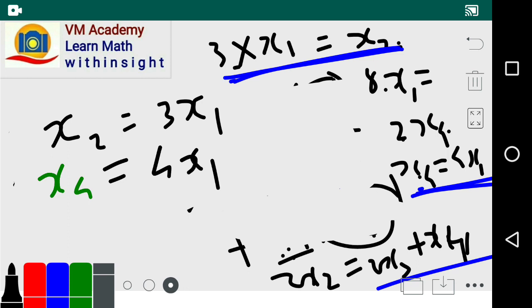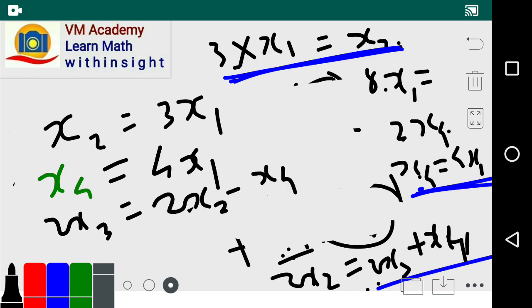And now here 2x3 plus x4 equal to 2x2, friends. So here 2x3 becomes 2x2 minus x4. Now 2x2 is nothing but, friends, 6x1, 6x1 minus, and x4 means 4x1, that means 2x1, friends. Here comes 2x1.